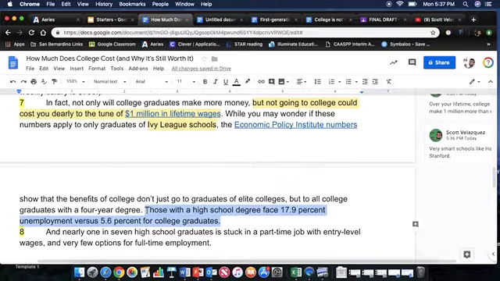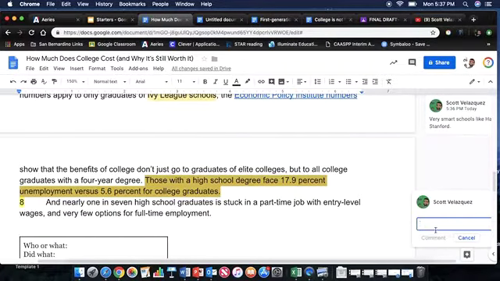Let's highlight that sentence. What that's saying is, if you go to high school only, you're going to be facing higher unemployment rates, which means that you may be without a job more often than somebody who went to college. Right? So let's highlight that sentence and write that on the side.